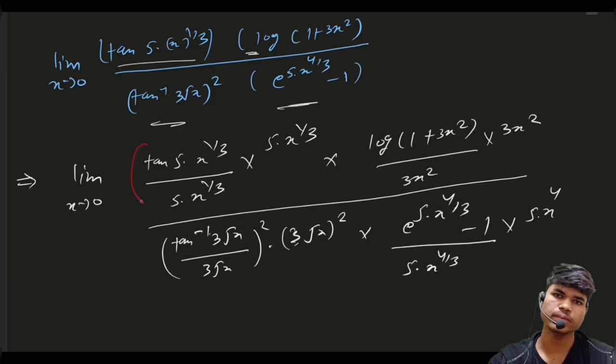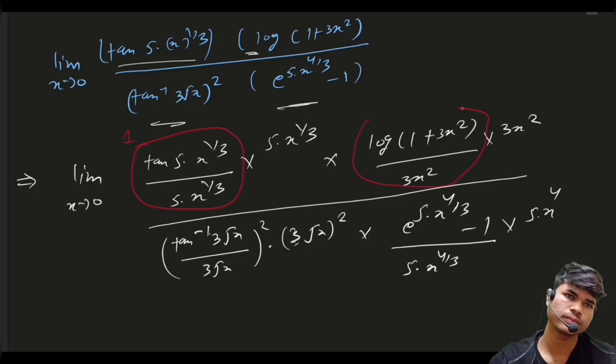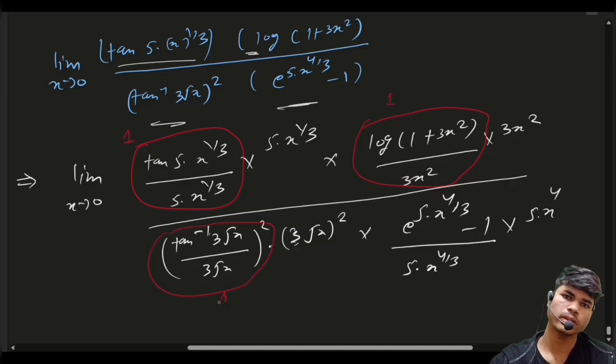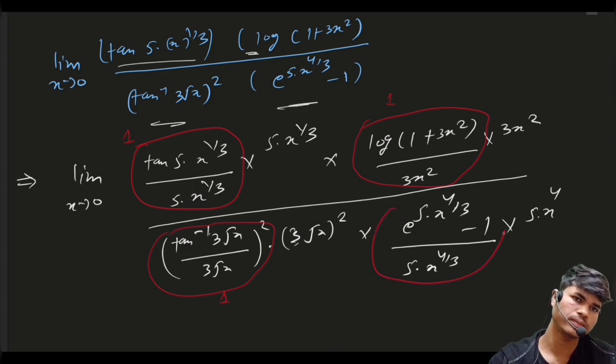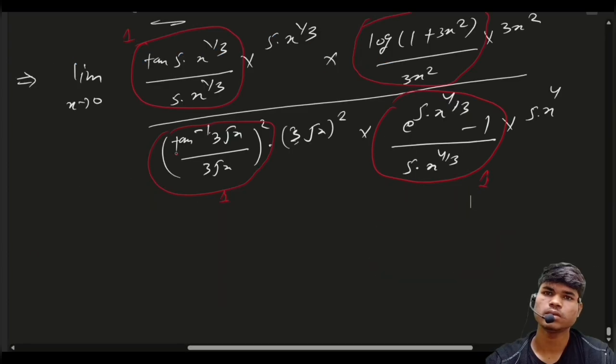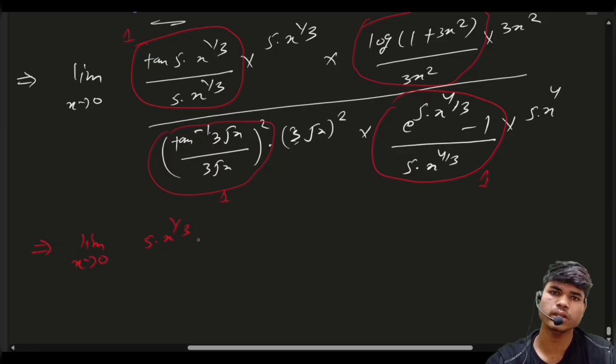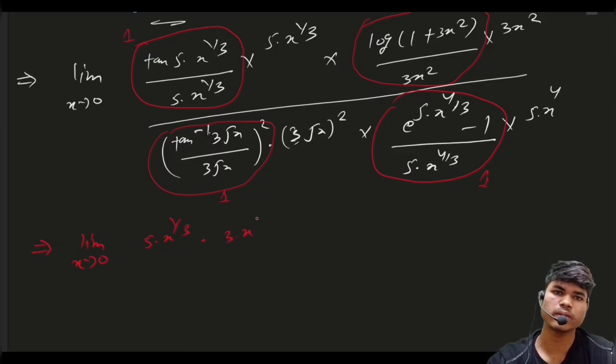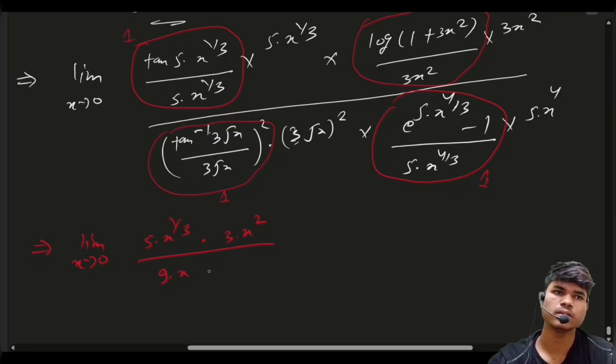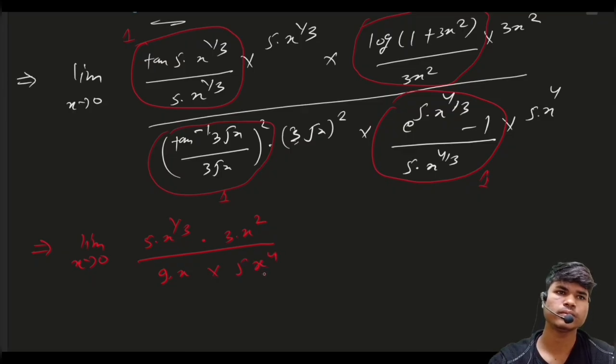So here this will become 1. Also this will become 1. Also this will become 1. And also this will become 1. So now we have limit x tends to 0 5 into x to the power 1 by 3 into 3 into x to the power 2 divided by 9 into x into 5 x to the power 4 by 3.